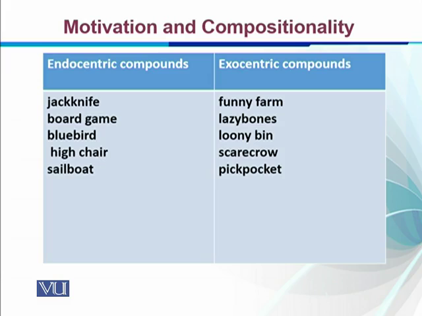We can get the meaning from the units of these words and how they are composed. But exocentric compounds: funny farm, lazy bones, loony bin, scarecrow, pickpockets. One unit does not give us the meaning of the whole compound. So this is the difference between endocentric compounds and exocentric compounds.